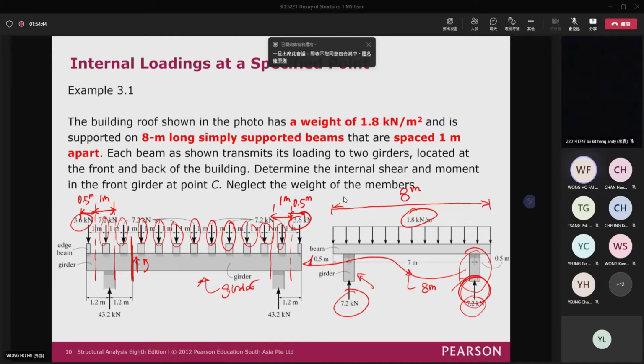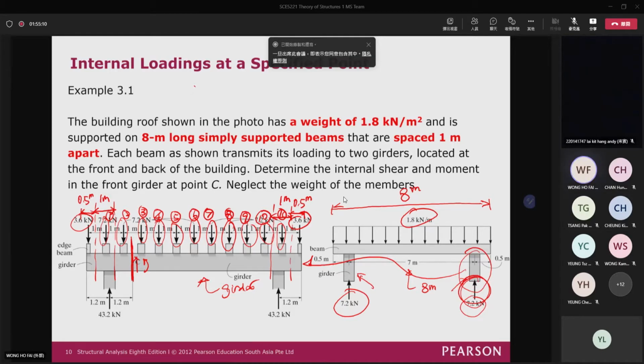If you add all the loads together, you can count 1, 2, 3, 4, 5, 6, 7, 8, 9, 10, 11. There are actually 11 7.2 kN point loads applied on the beam.